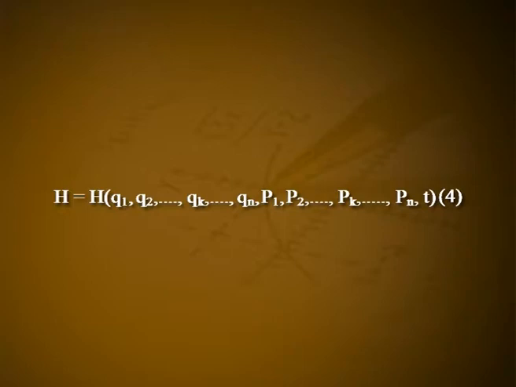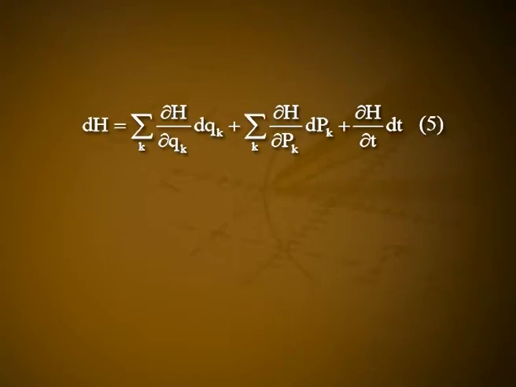Let it be equation number 4. dH = Σk ∂H/∂qk dqk + Σk ∂H/∂pk dpk + ∂H/∂t dt. Let it be equation number 5. H = Σk pk qk dot − L. Let it be equation number 6.